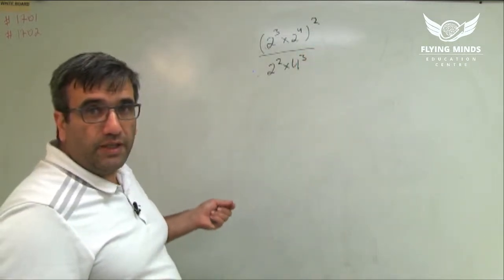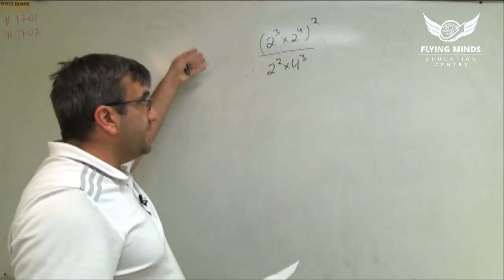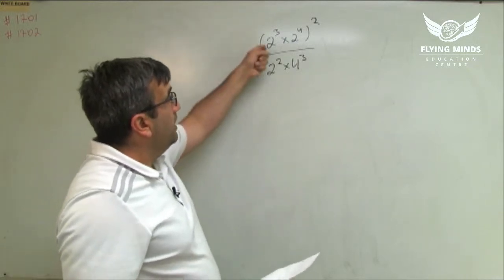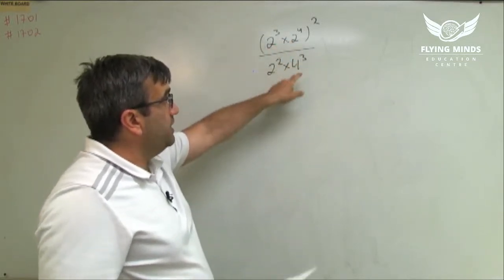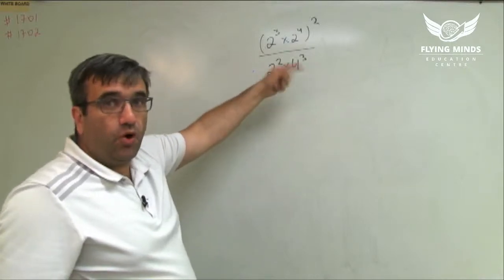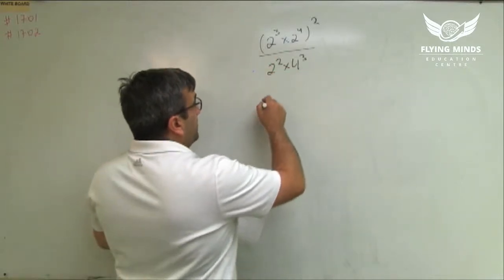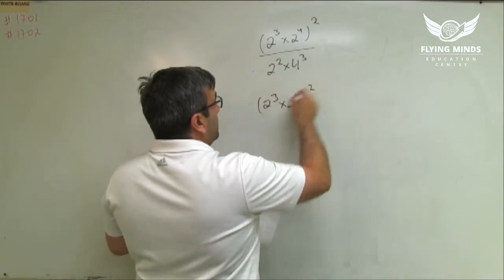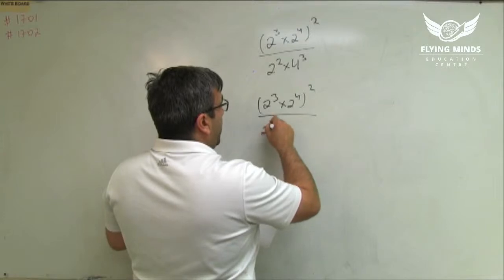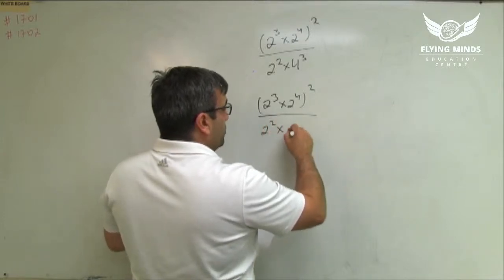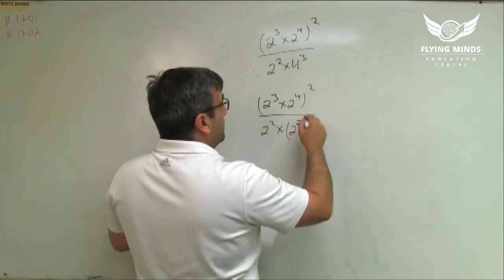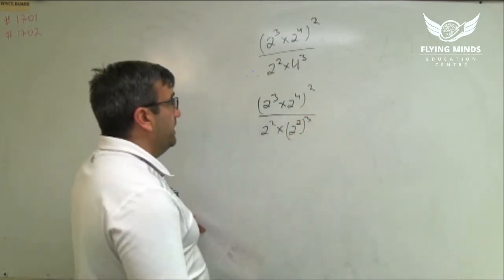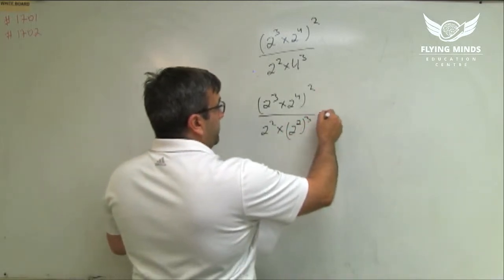How to deal with this question? Exponent rules. We have base 2 everywhere, here we have base 4, but we can rewrite 4 as base 2. What is 4? It is 2 to the power of 2, cubed.